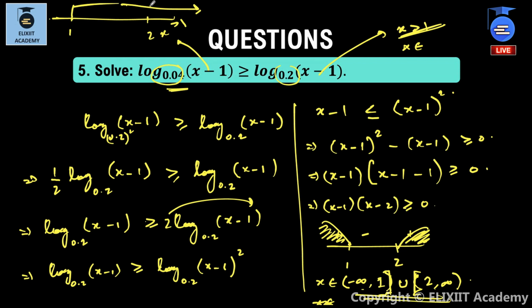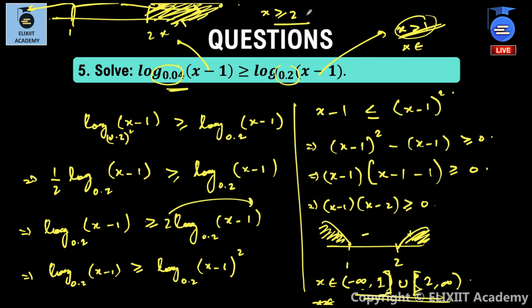More than 2 means this region. And minus infinity to 1 is this region, so obviously we won't consider that. The common region is this. Obviously x is more than 1, so we won't consider the negative side. So x is greater than or equals to 2 is the final solution.